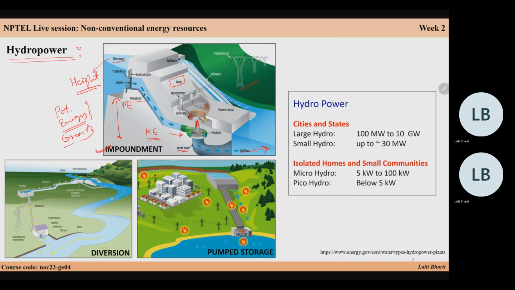The main disadvantage of this impoundment type of hydropower is the social impact, because whenever you build a dam, it impacts the local agriculture, local society, local immunity, and the local environment.